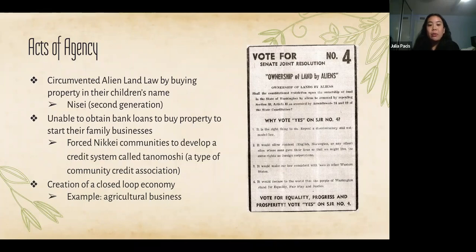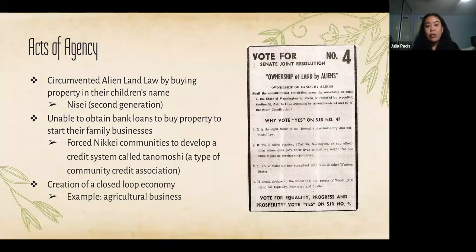However, they were unable to obtain bank loans to buy property, to start their family businesses, or to buy their homes. So this forced the Nikkei, or the Japanese American communities, to develop a credit system called Tanamoshi, which is a type of community credit association where Japanese Americans would pool any leftover savings they had, and people within that community were able to take that money out as needed.